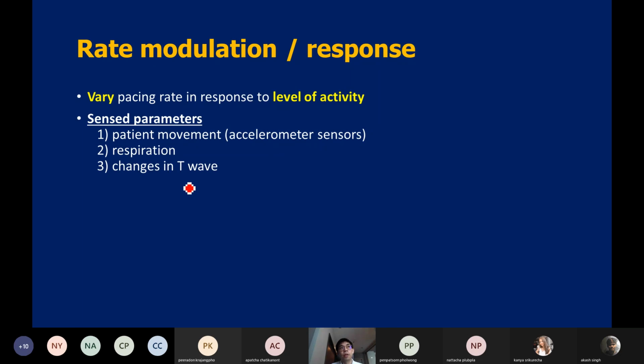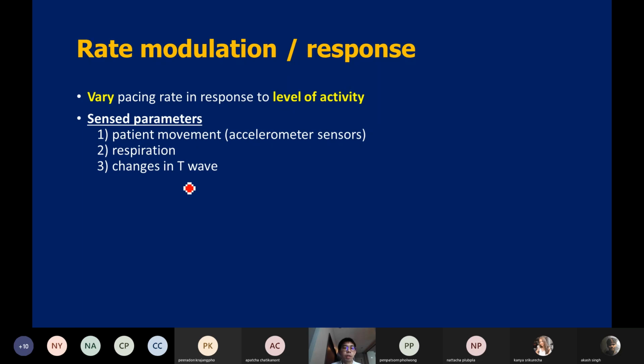Some types of pacemaker have an indicator that would respond to a faster respiratory rate and a slower respiratory rate. If there is a faster respiratory rate, the pacemaker would assume that the patient is doing some activities, so the pacemaker would pace more frequently.